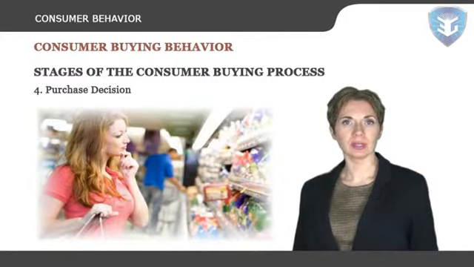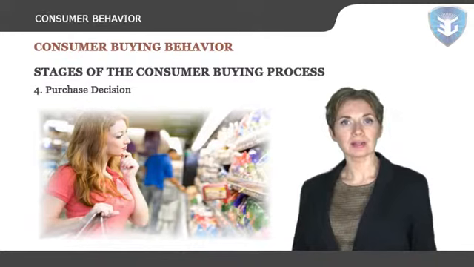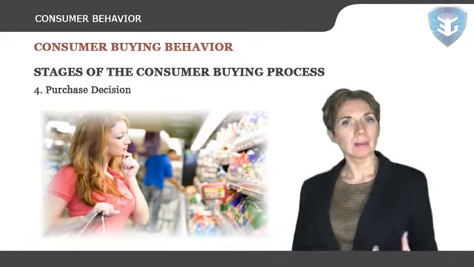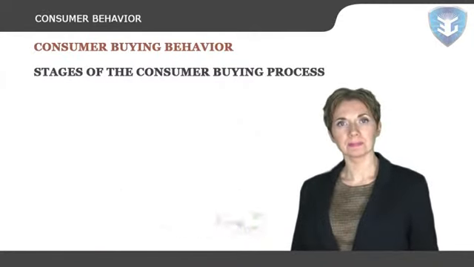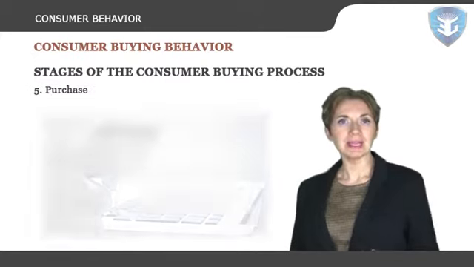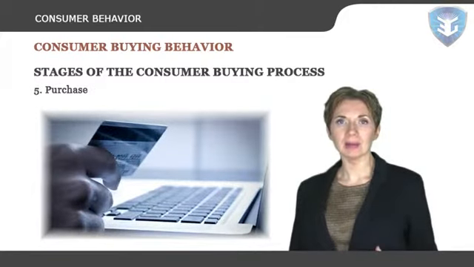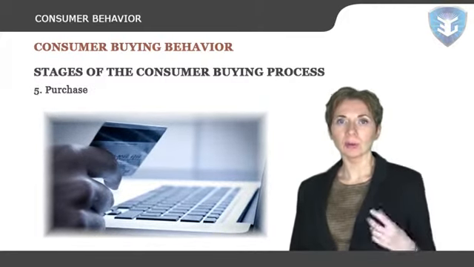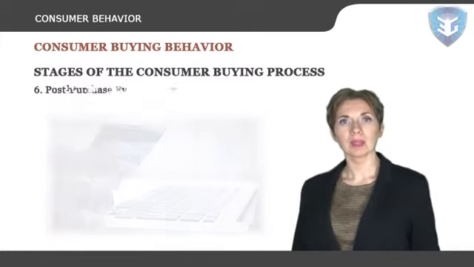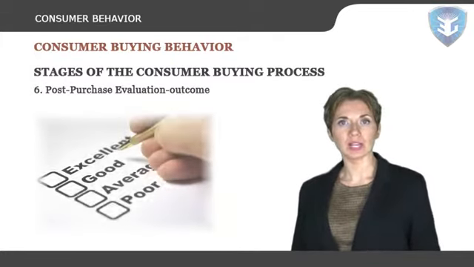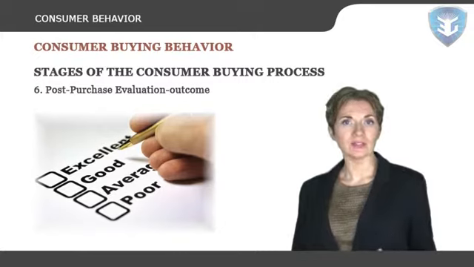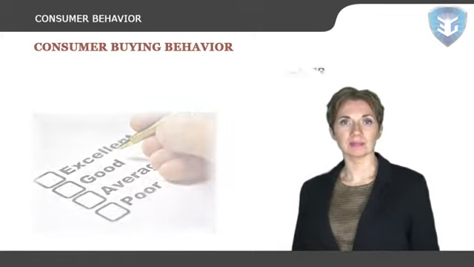Choose buying alternative. Includes product, package, store, method of purchase, etc. Purchase may differ from decision, time lapse between 4 and 5, product availability. Fifth, post-purchase evaluation outcome. Satisfaction or dissatisfaction.